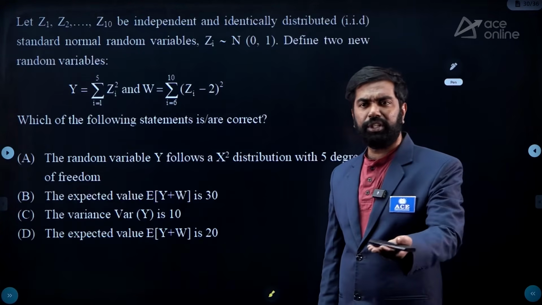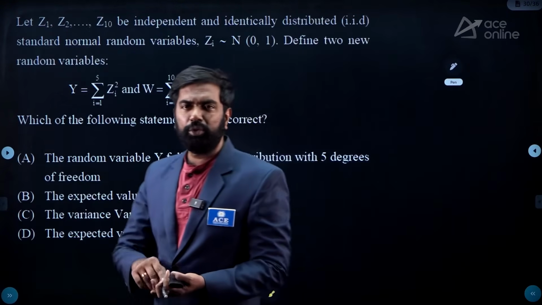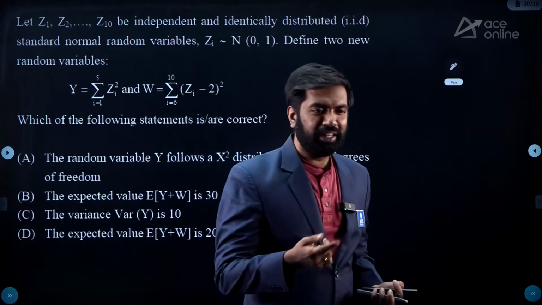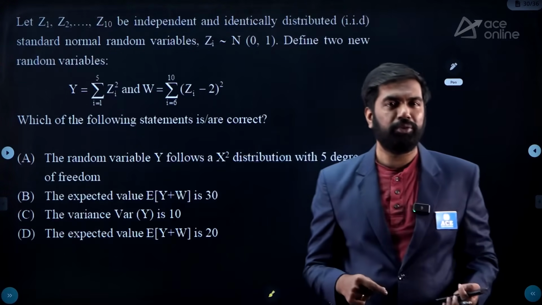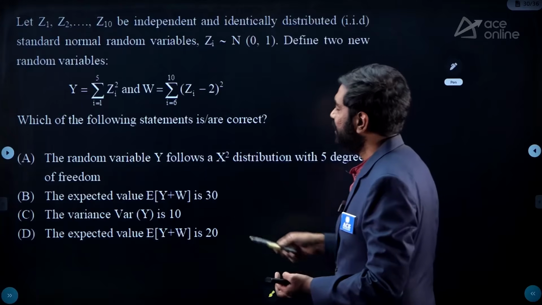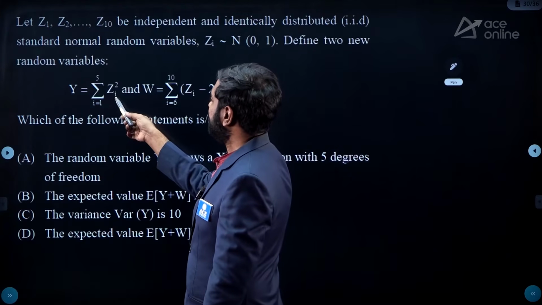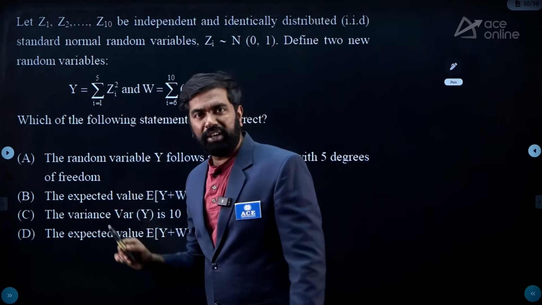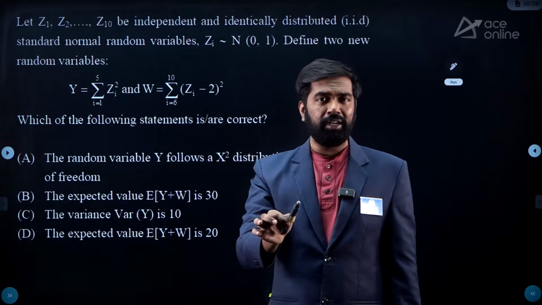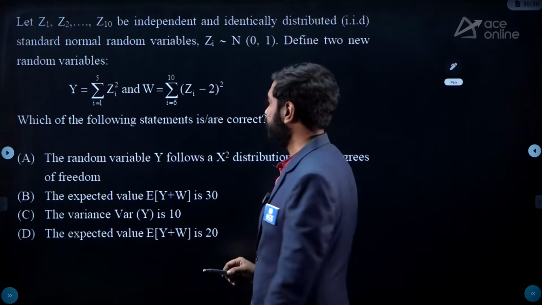Now when z1, z2 are standard normal, when you square them and add them, then that leads to chi-square distribution. So you can see that here z1 square plus z2 square up to z5 square is there. It is clearly a chi-square random variable with 5 degrees of freedom.